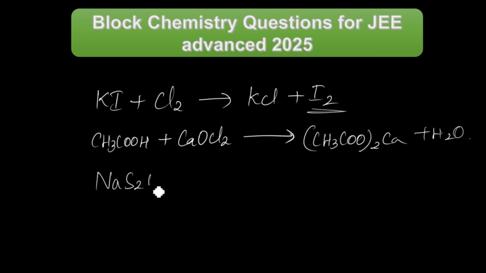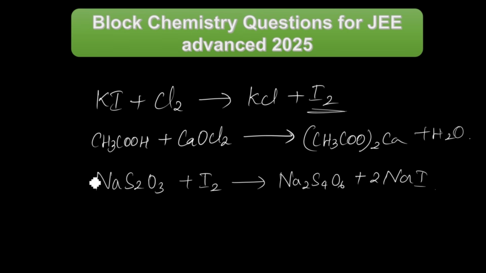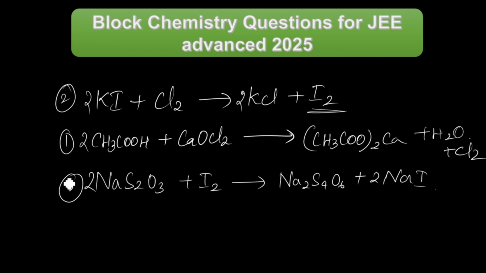So Na2S2O3 with I2 produces Na2S4O6 plus NaI. So I'm just balancing the equation. Okay, sorted. This is the first one, second one, and this is the third one.